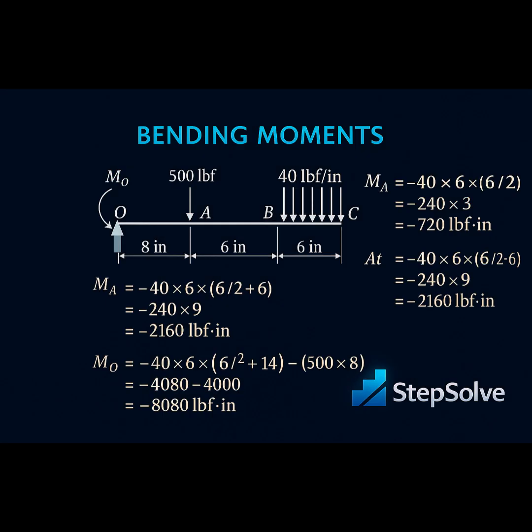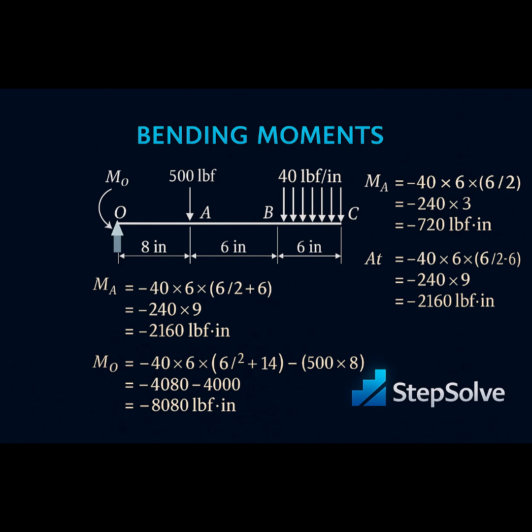Now for the fun part, the bending moment. Moments build up from the free end toward the wall, just like student stress before exams. At C, the moment is 0, easy win. At B, the distributed load creates a moment: 40 multiplied by 6 multiplied by 6 divided by 2 equals 240 multiplied by 3 equals 720 lbf in.